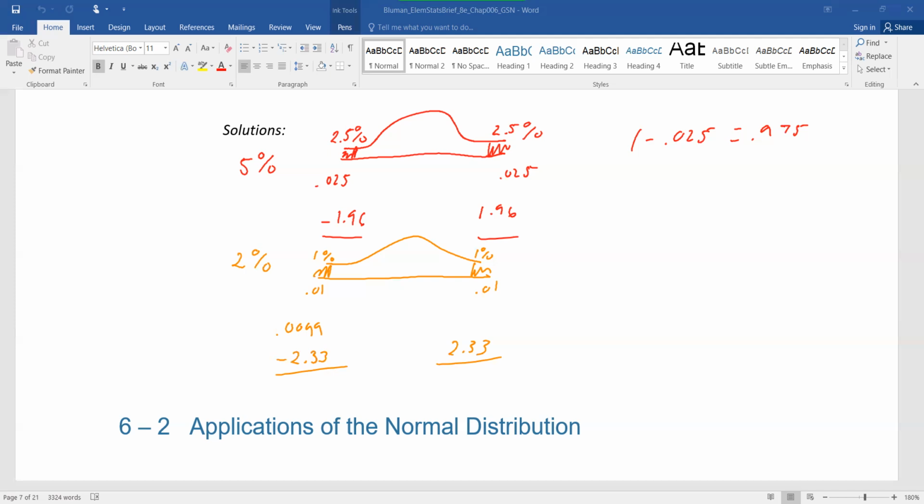Right. And the last one here is 1%. So again, same concept, but our tails, man, this is getting worse and worse. It's even smaller. What's going to be the percentage on both sides? 0.5% on both sides, which then I'm looking for an area of 0.005.